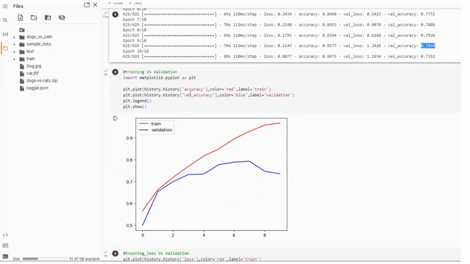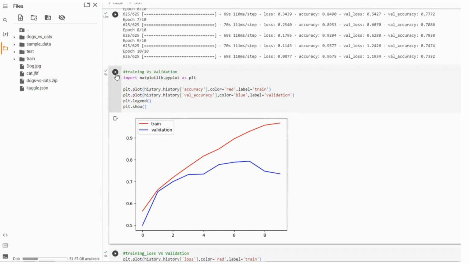These were some of the basic plots that we could plot to find out the training and the validation. The more training that we have done here, the accuracy, that is the red line, has increased. The code uses Matplotlib to plot the training and validation accuracy and loss curves.